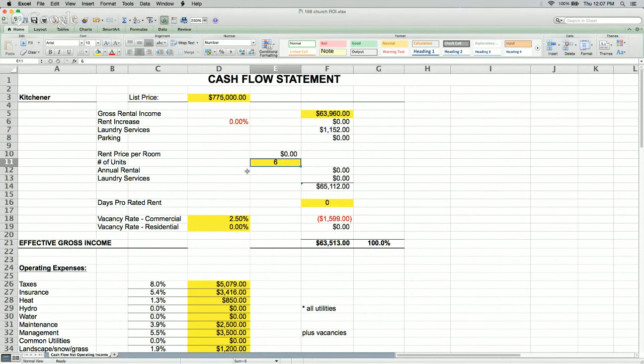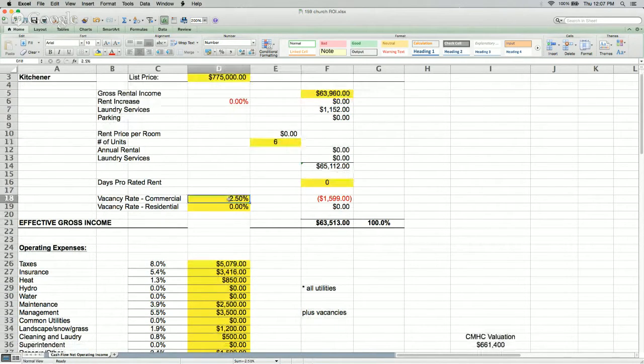Total number is 6 units, and we have a vacancy rate here. Just a note about vacancy rates: they change from year to year, and we input 2.5 here because it's an average for the area. It's not technically the vacancy rate that the seller had last year.